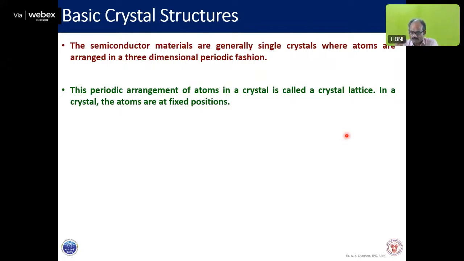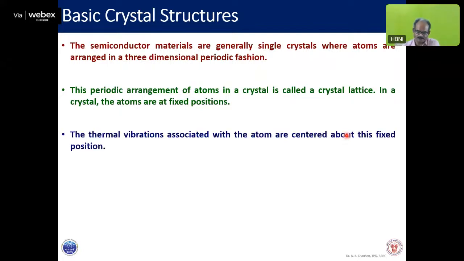When you put an atom, or a molecule, or a basis, then that lattice plus basis becomes a crystal structure. So in a crystal, atoms are at fixed positions in all three dimensions.